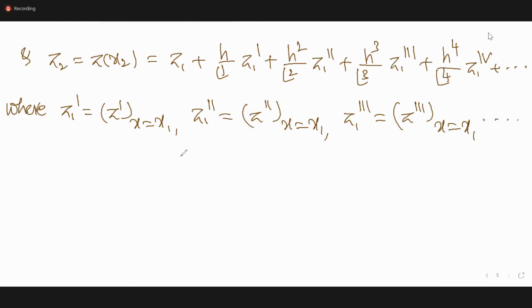So these are the Taylor series expansions of y2 and z2 at a point x is equal to x1. That means y2 and z2 are in terms of y1, z1, y1 dash, z1 dash, y1 double dash, z1 double dash, etc.